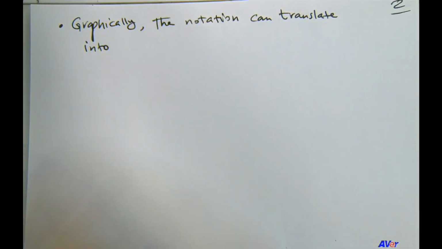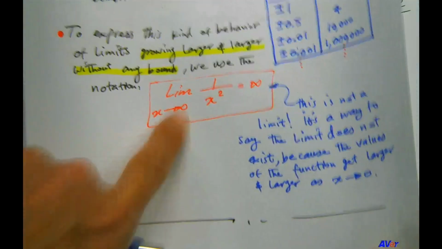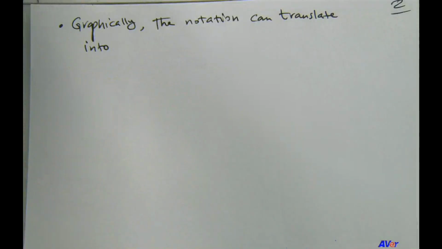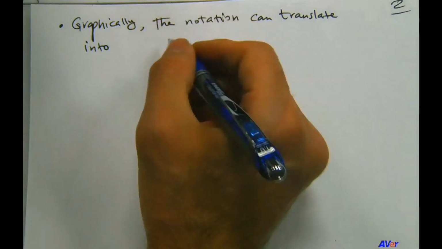So that notation that we just had, graphically, it translates into asymptotic behavior.